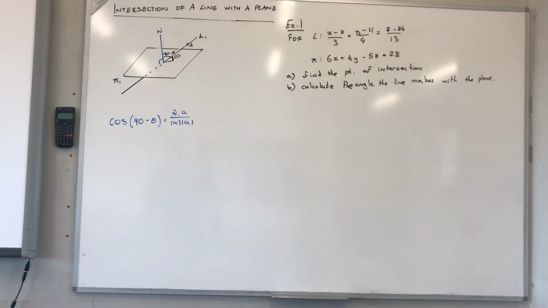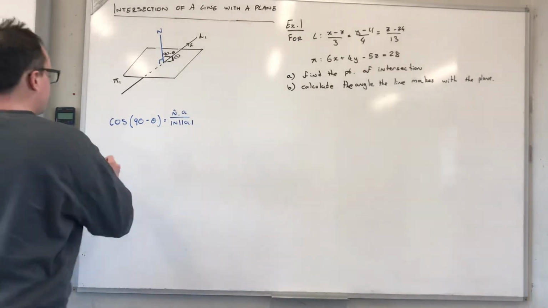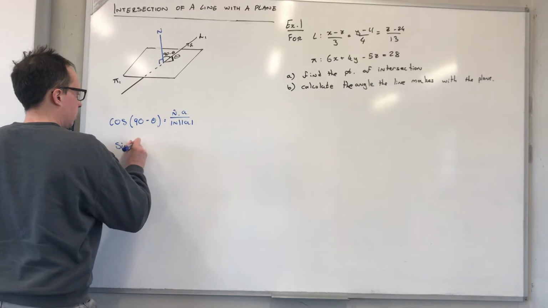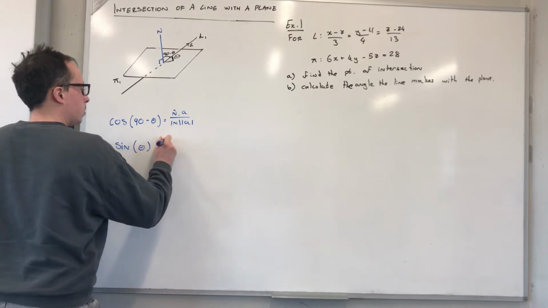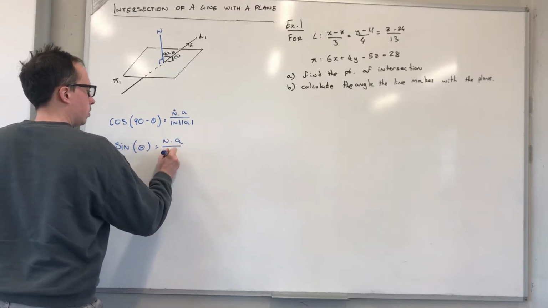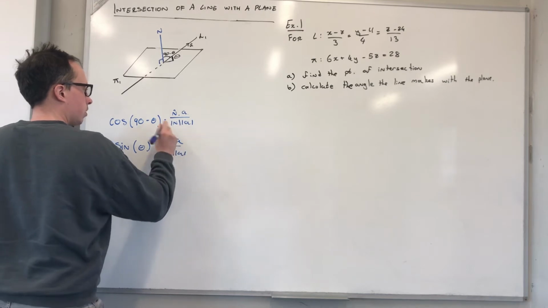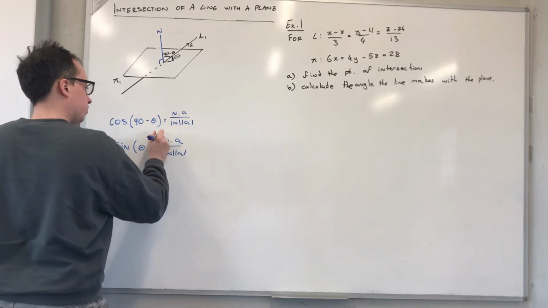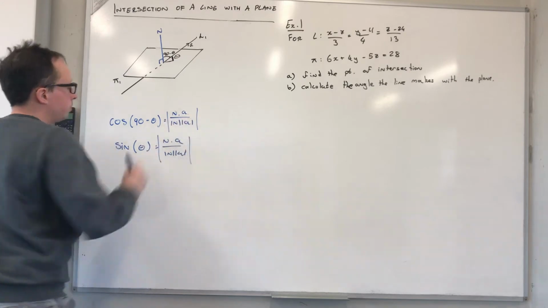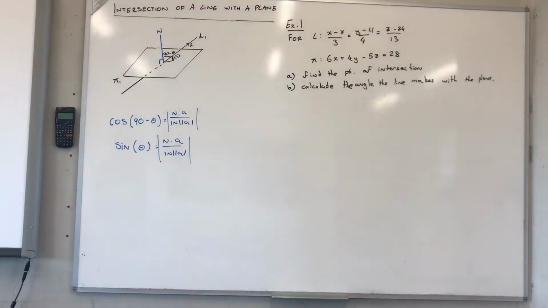I've used the letter A to represent a vector through the line. By our laws of trigonometry, cos of 90 minus an angle is just sine of the angle. The reason I've done the modulus bars is because we know it must be less than 90.